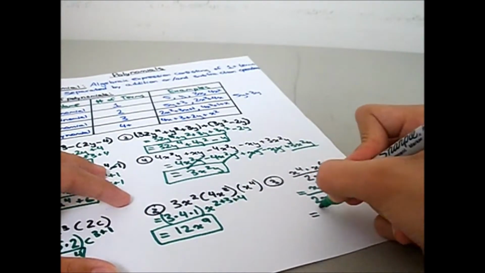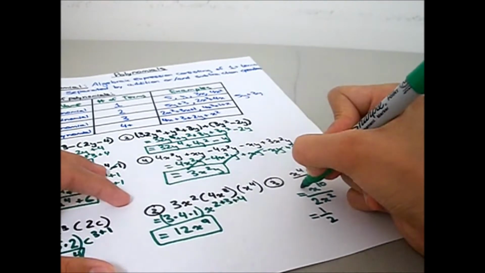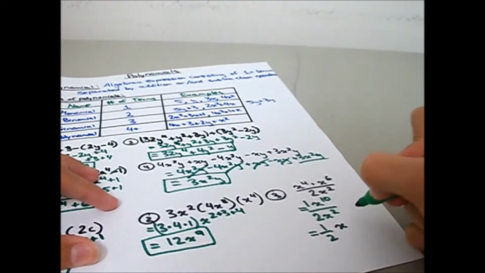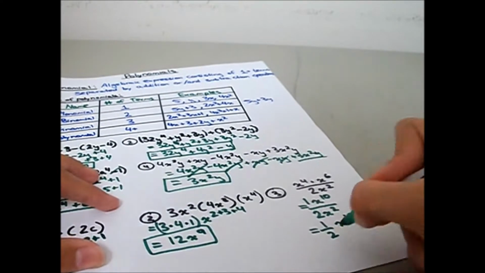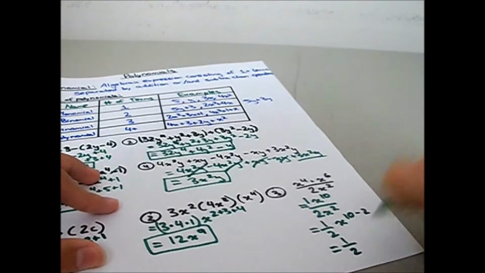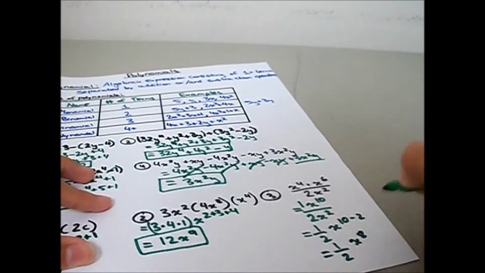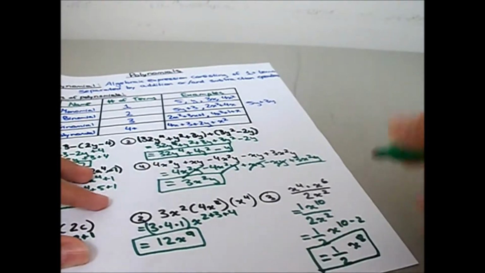And we can write it as 1/2, supposing there's a 1 here. Then we can write x to the power of 10 minus 2. That will give us 1/2 times x to the power of 8. And there we go. That's all.